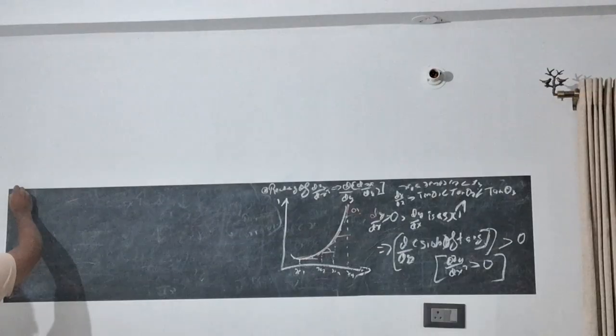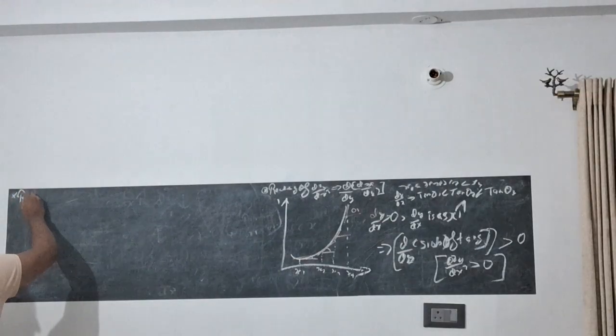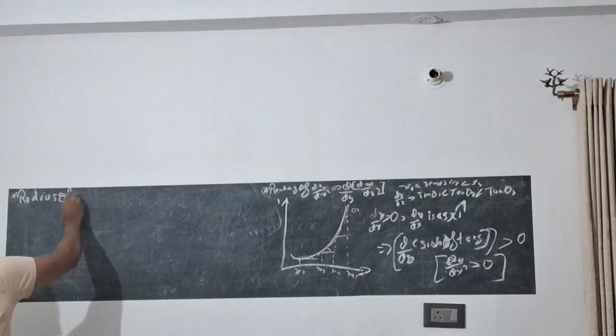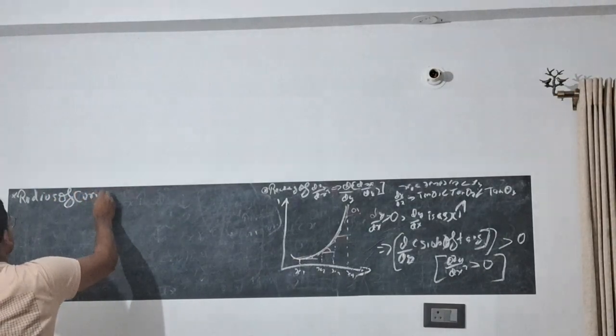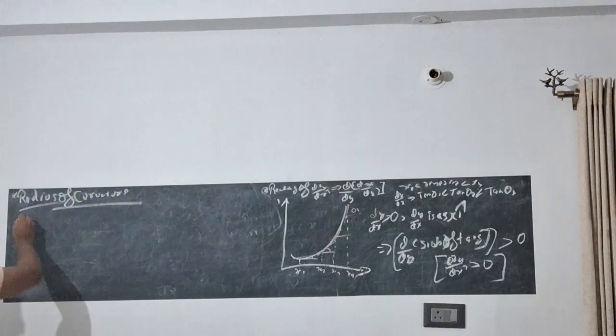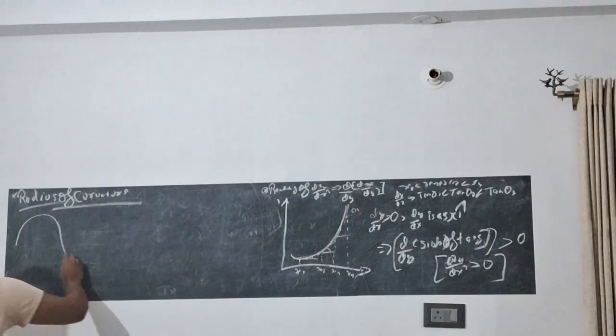Anyway, we're talking about the ROC, the radius of curvature. So I will take a curve.